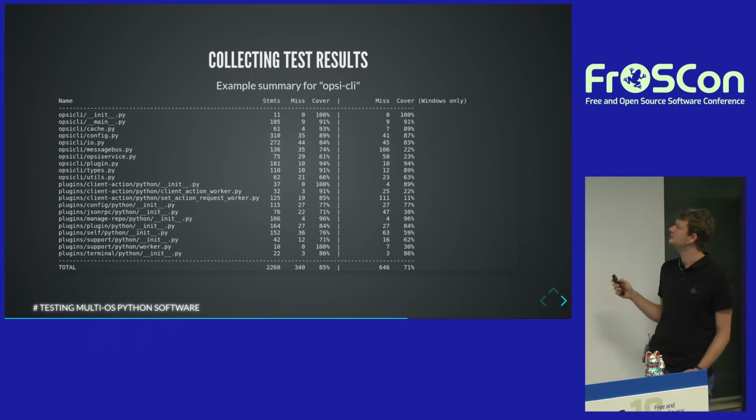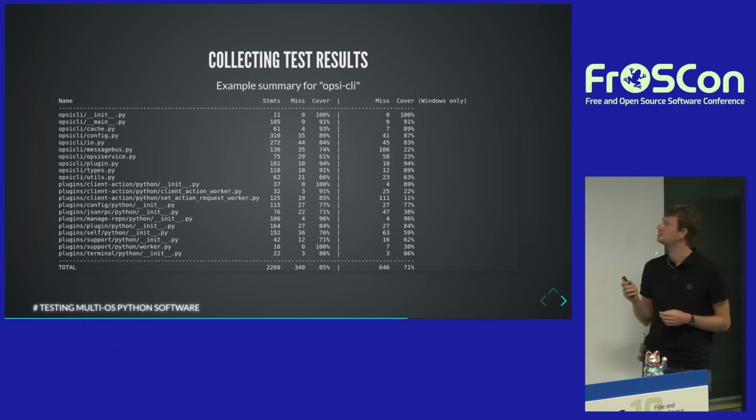And here you can see that for some of the modules, some statements are executed on Windows, and others are on POSIX, Linux, macOS, whatever. And so this number will always be smaller than the total thing. And the total thing is just all these coverages combined.